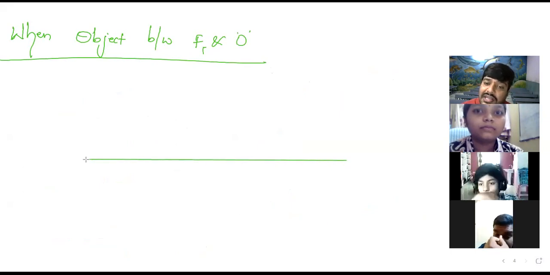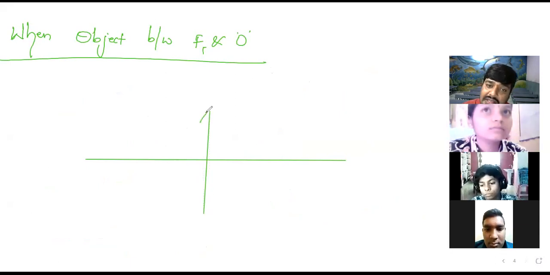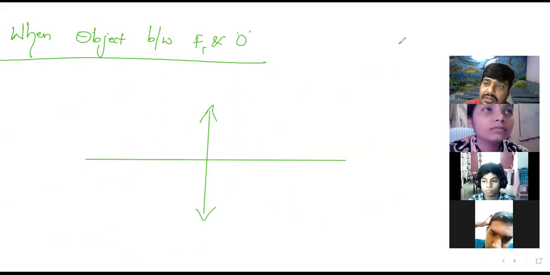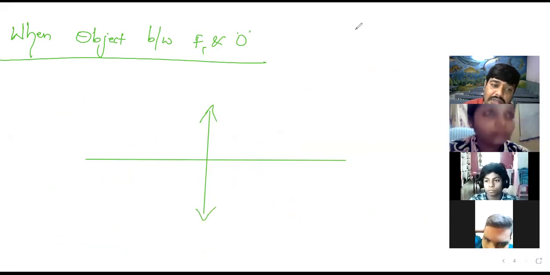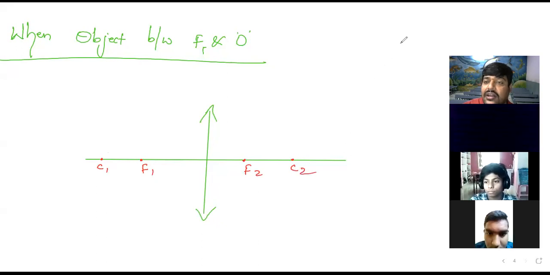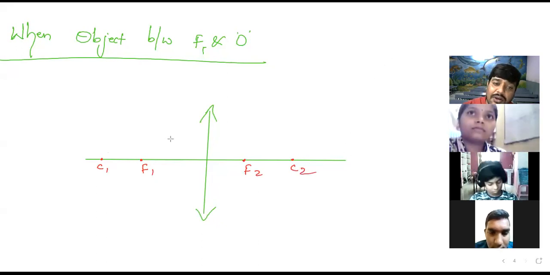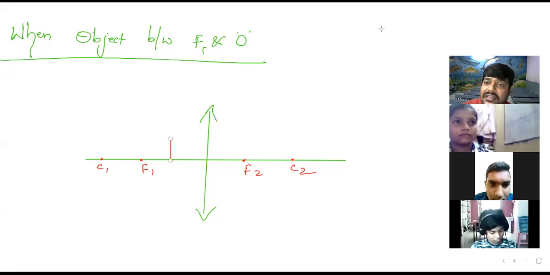First draw the ray diagram like this: principal axis, lens, C1, F1, F2, and C2. If you know the table only, we can adjust it. So the object is between F and optic center, draw the ray diagram.